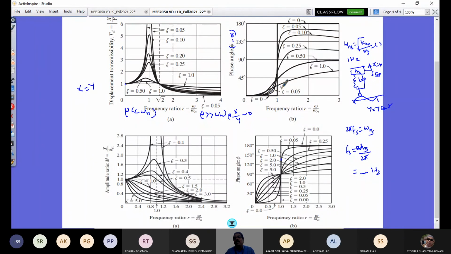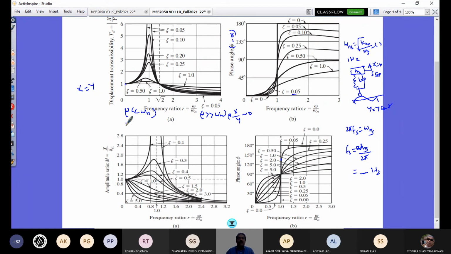So you have the smallest value of damping here. It goes like this to 180 degrees. But you see, the higher the damping, your phase comes closer to 90; it asymptotically reaches 90. That's the difference, right? And this is what you should remember.